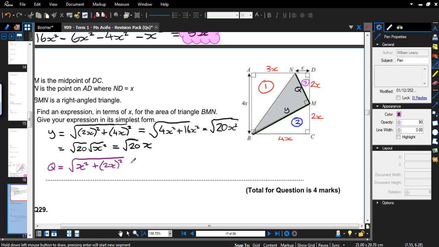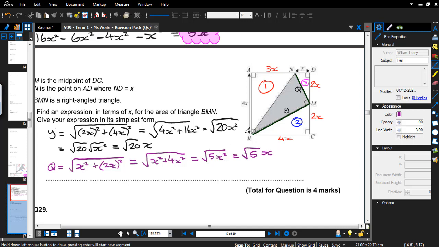Don't forget the squared number. So x squared is x squared, and 2 squared is 4, isn't it? So it's x squared plus 4x squared. Anyway, that equals root 5x squared. As you know from the top, we just skip this step. That equals root 5 times x.